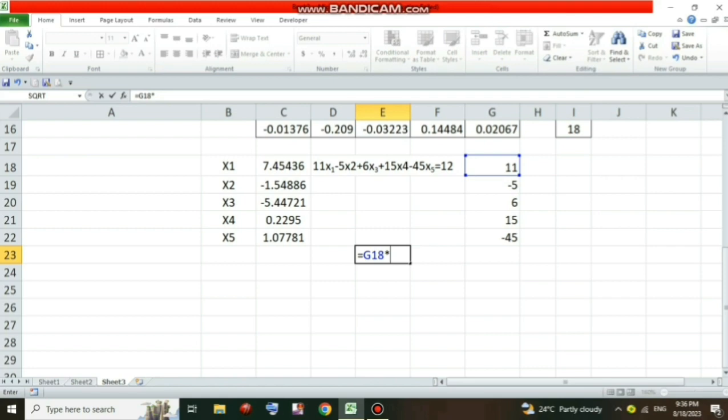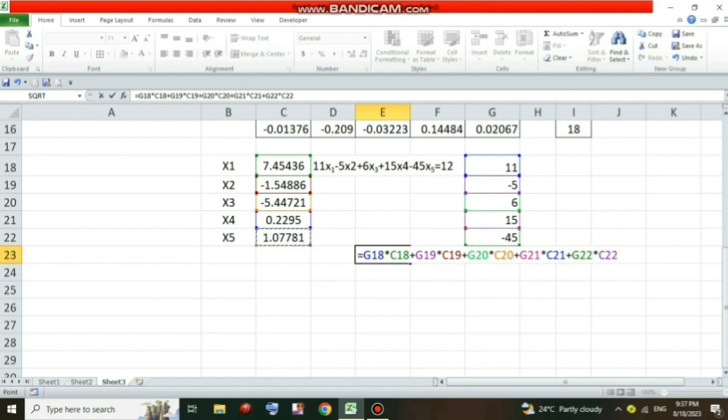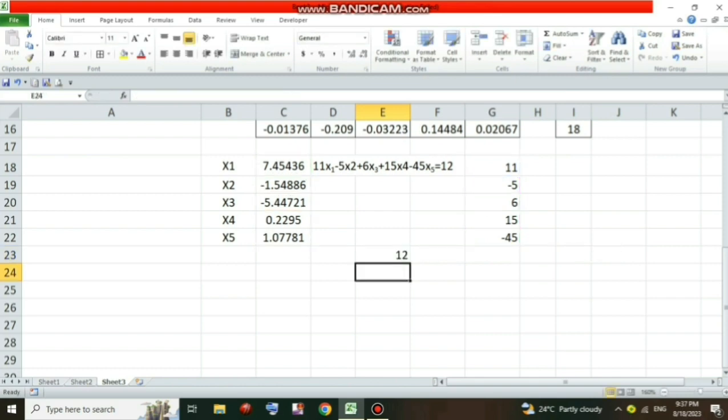So 11 star x1 plus, obviously let's not use minus here because plus into minus will be minus only. So plus this one star x2, again plus this one star this one, again plus this one star this one, again plus this one star this one. If I get the answer as 12, whatever answers we have got are correct. And we have got 12. So you can see the answers we have got are correct.